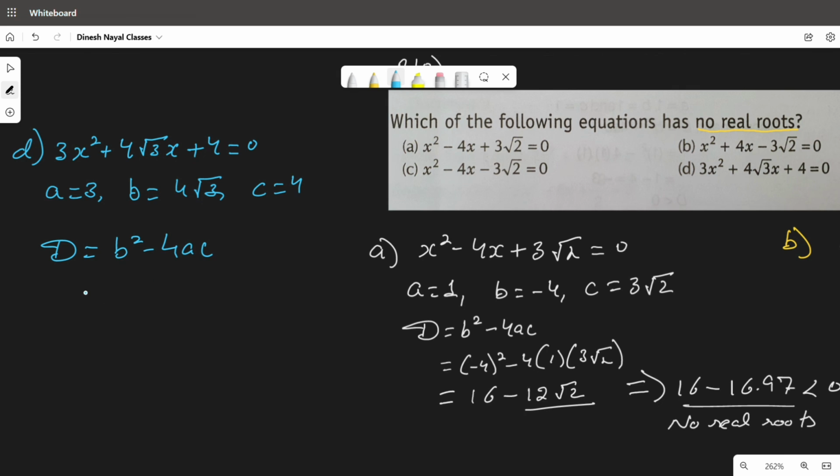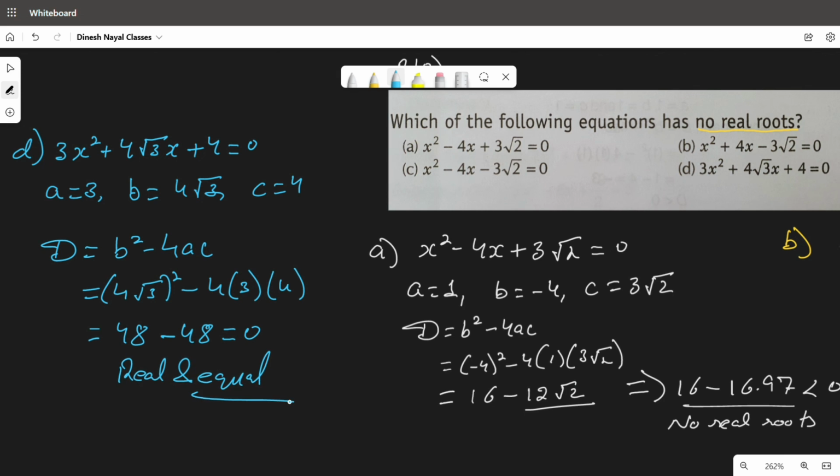So B is 4 root 3, writing 4 root 3 and then whole square, then minus 4 into 3 into 4. Now see, 4 square will be 16, root 3 square will be 3. 16 into 3, 48. Minus 4 into 3 is 12, 12 into 4 is 48. 48 minus 48 equals to 0. So this equation has real roots. This is also not the answer because you have to find for no real roots.